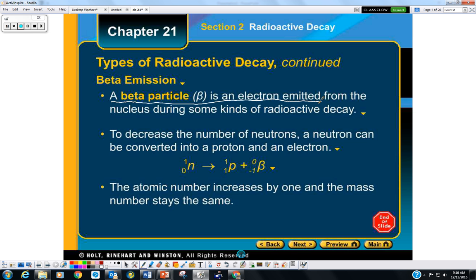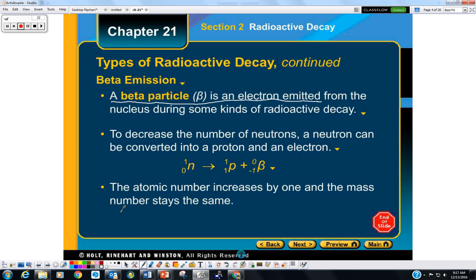So what happens in beta emission is that basically a neutron breaks apart and it emits an electron, and then that neutron becomes a proton.